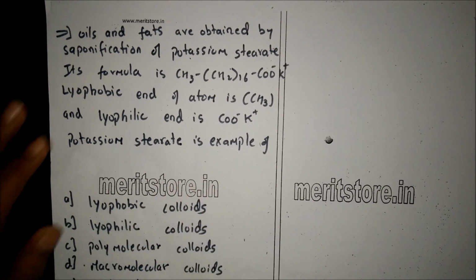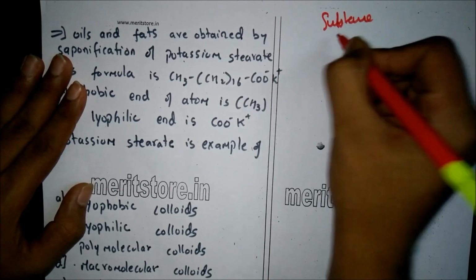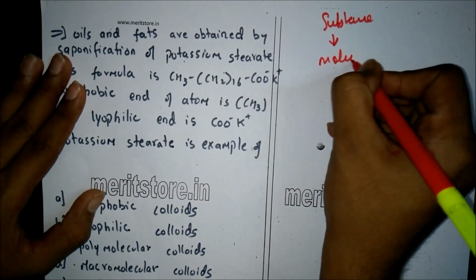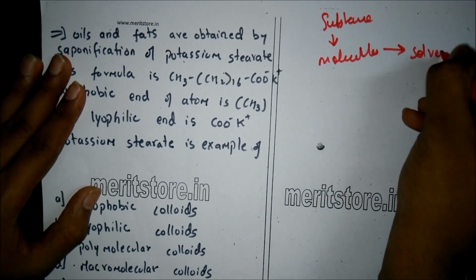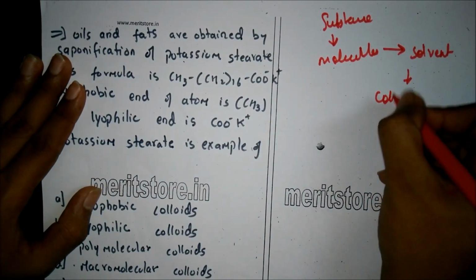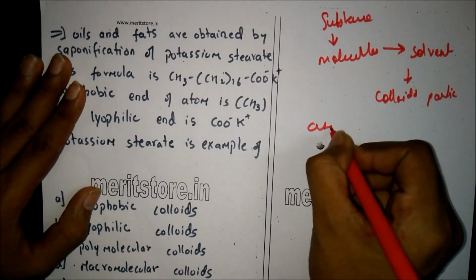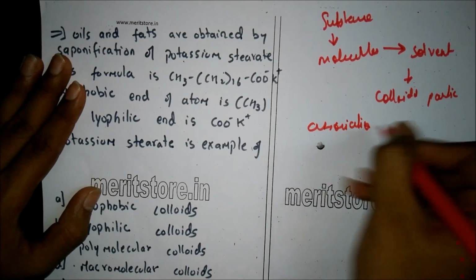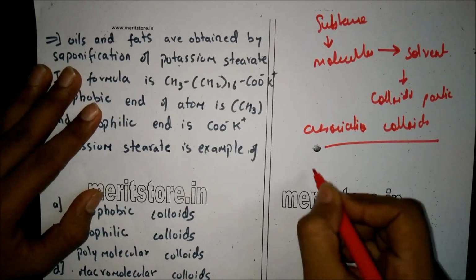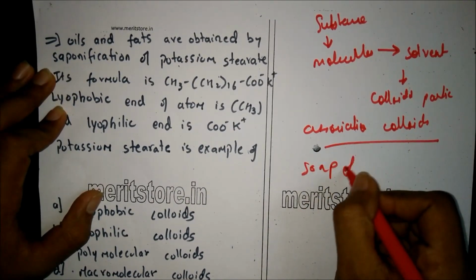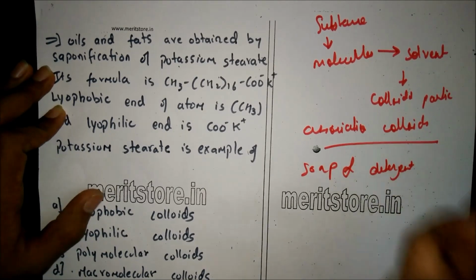Here are the options. The substance whose molecules associate with the given solvent to form colloidal particles are known as associated colloids. Now, the molecules of soap and detergent are generally smaller than a colloidal particle.